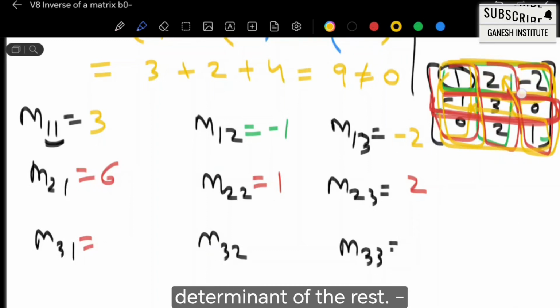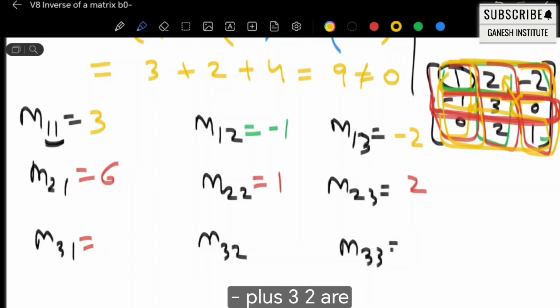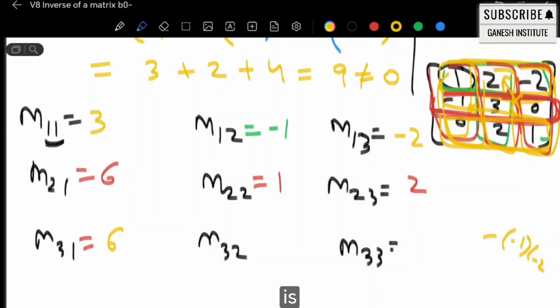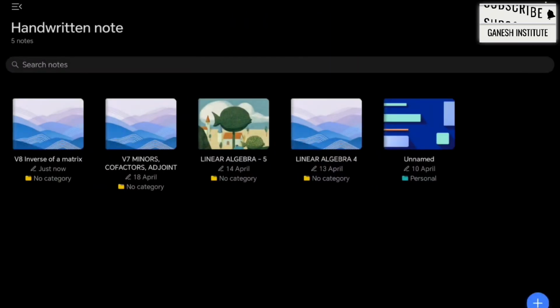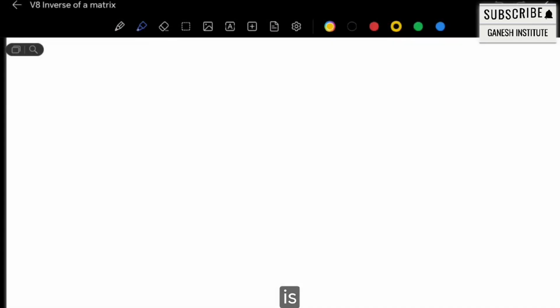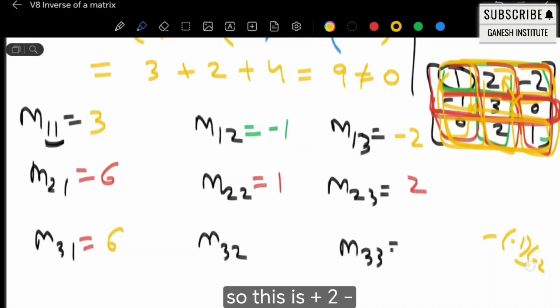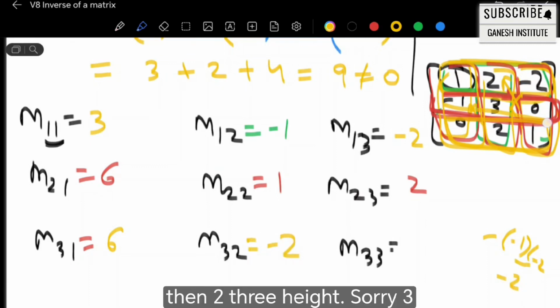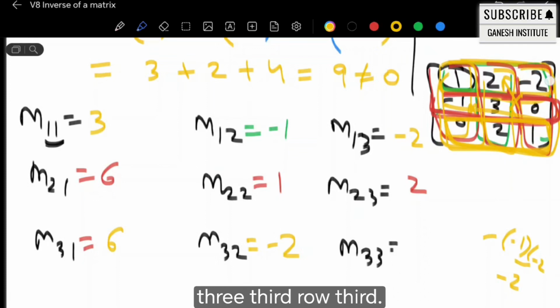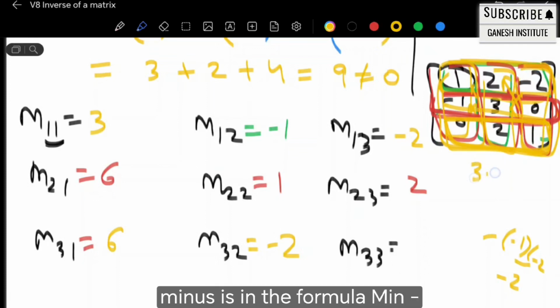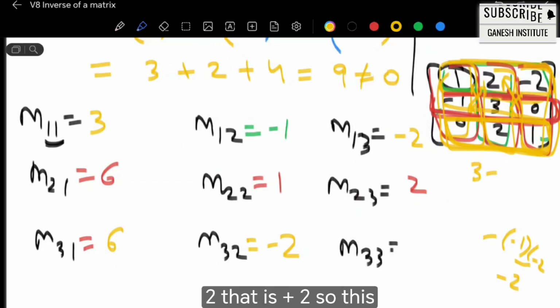Determinant of the rest, minus minus plus 3 2s are 6. 3 2, hide third row, second column. Minus of minus 1 into minus 2, so this is plus 2 minus 2. Then 3 3, hide third row, third column. 3 ones are 3. Minus is in the formula, minus 2, that is plus 2. This becomes 5.